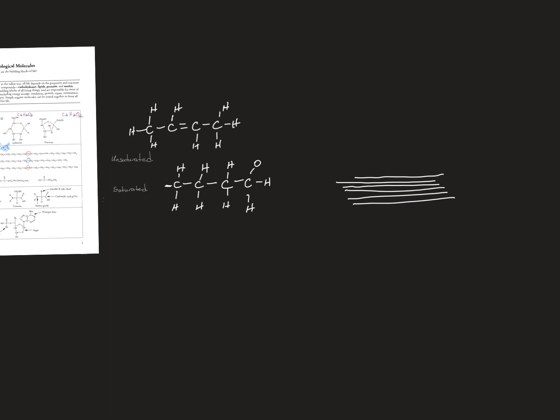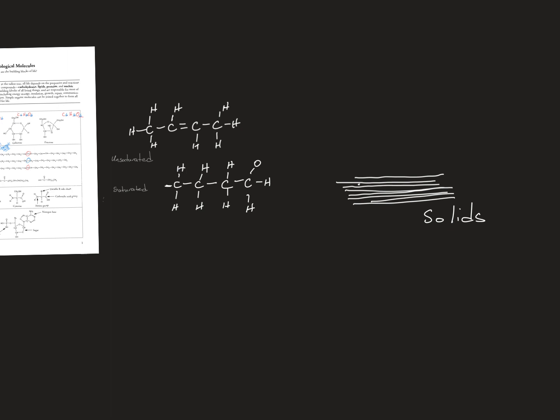It's not like carbon dioxide or oxygen that are small and nonpolar. These are very big and nonpolar, so they don't turn into gas easily. And because of that, they can lay down in flat sheets and they form solids.